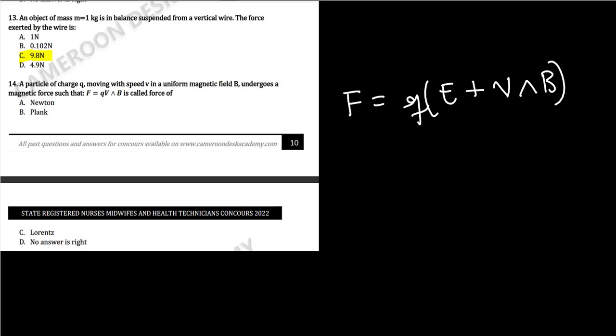F equal to QVB is a simplification of the Lorentz force. So the correct answer is option C.